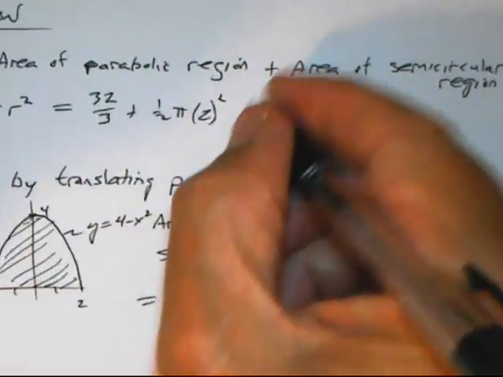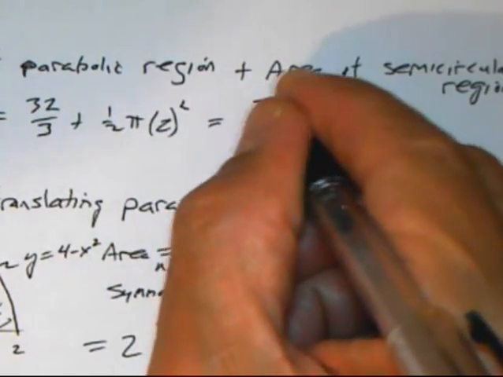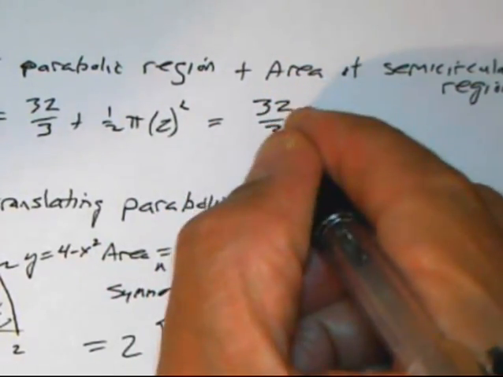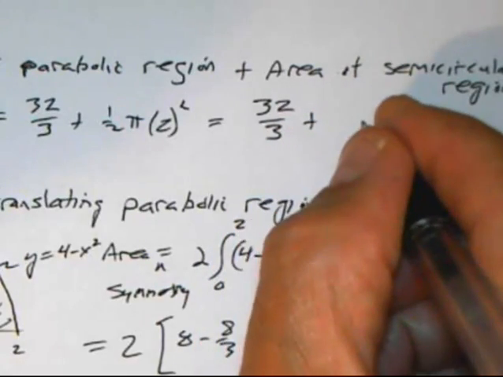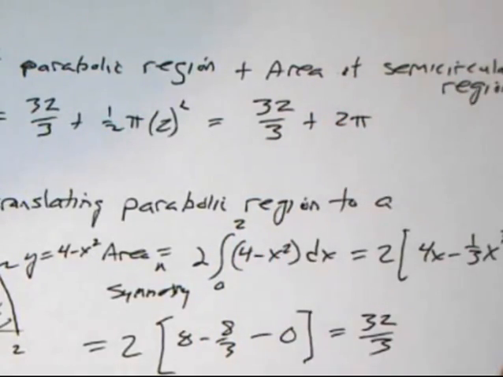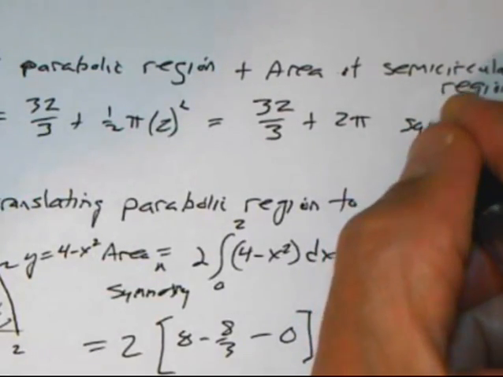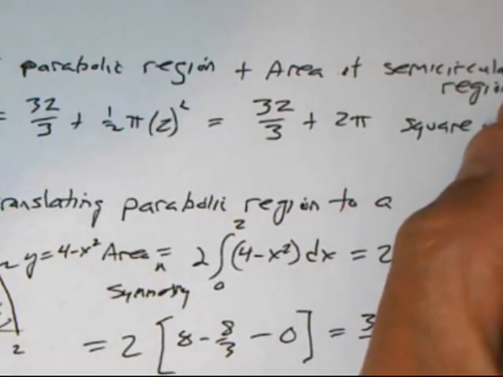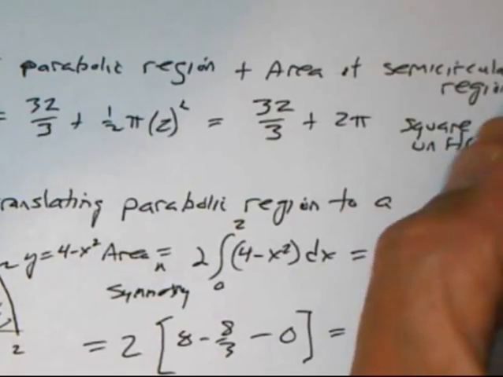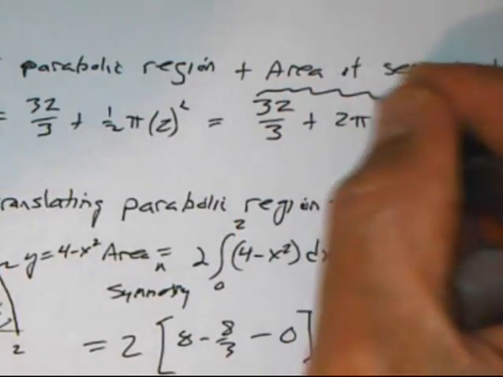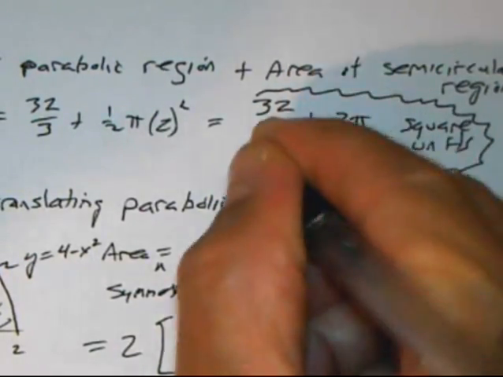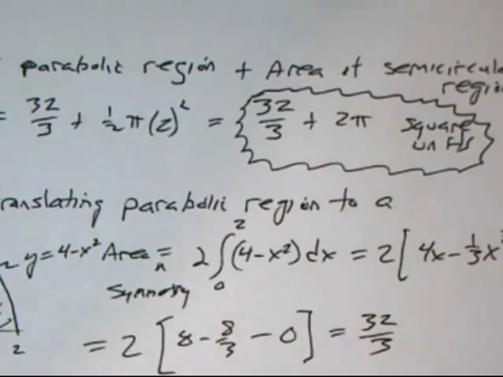This gives us 2 pi. There's our quantity, and we can put square units on here. And this is our calculus calculation. Looking forward to part C to check on all this to see if we think this is indeed the case.